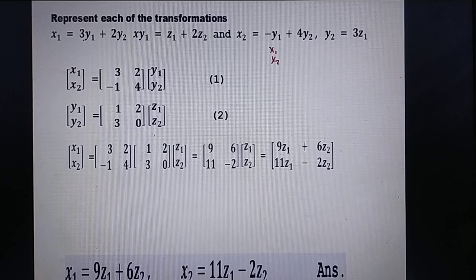Another coefficient of y1 is negative 1, in column 2. Then for y2, this is 2. And for another y2 is 4.